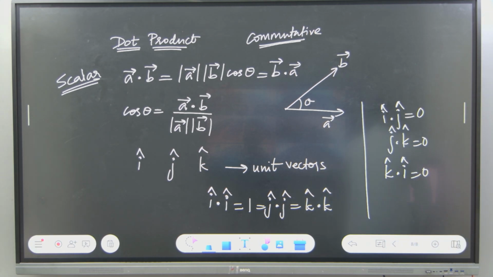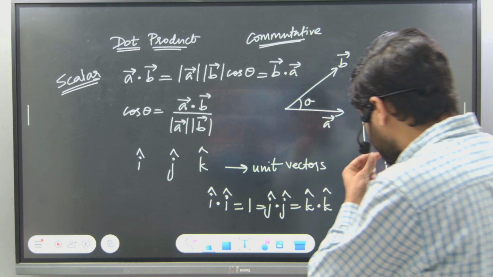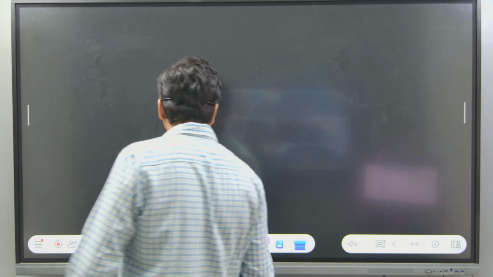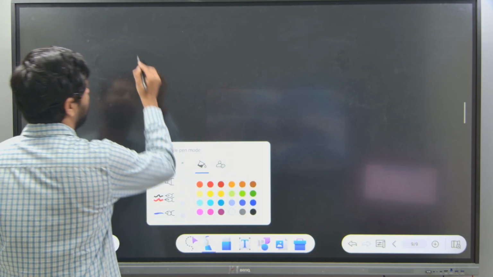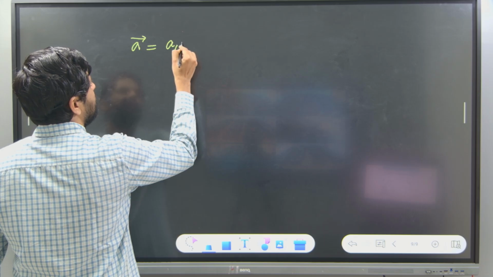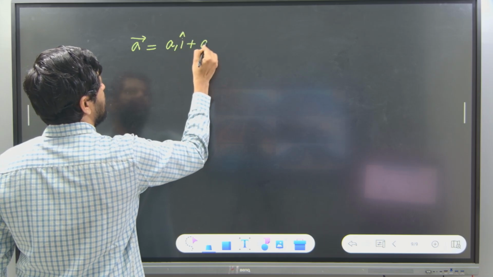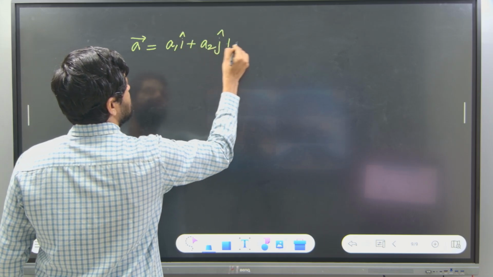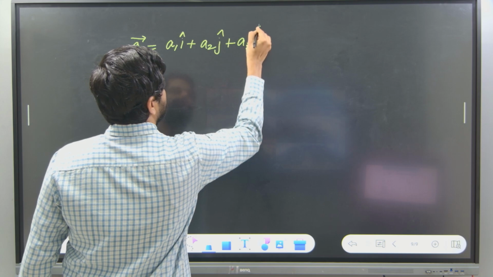All right. So there are some more formulas with respect to the dot product. One of the formulas is if the vectors are given in the component form. Say we have vector A given as A1 I cap plus A2 J cap plus A3 K cap.